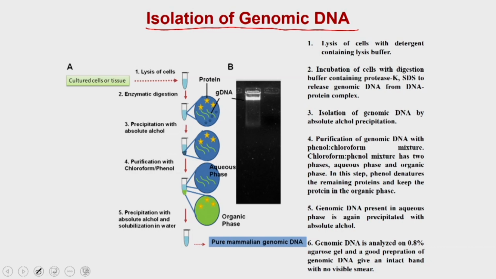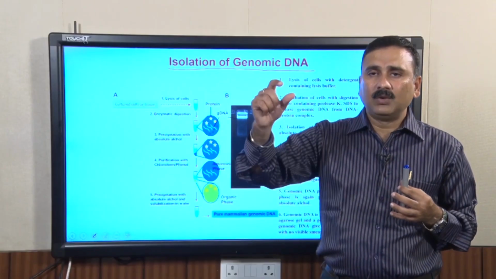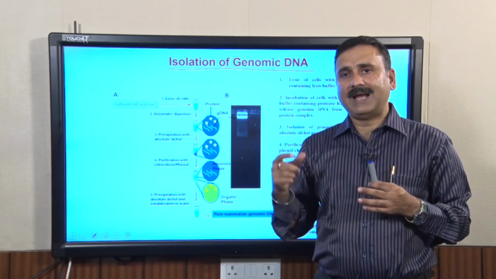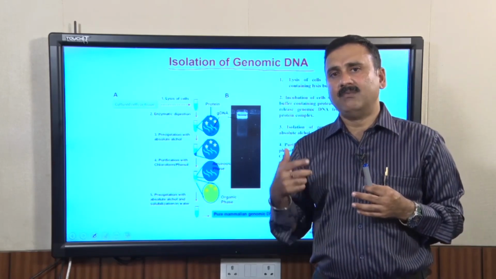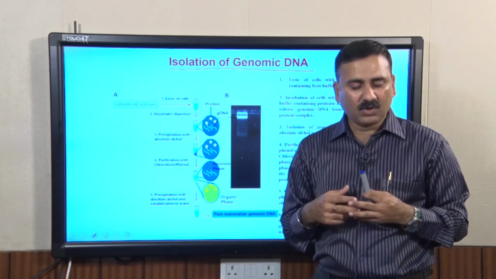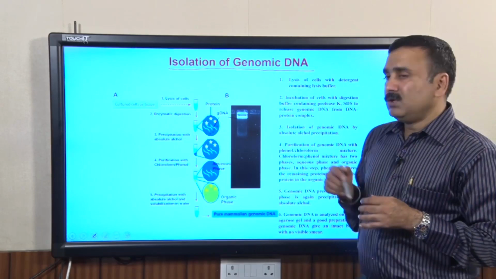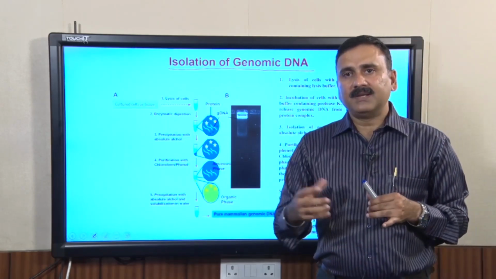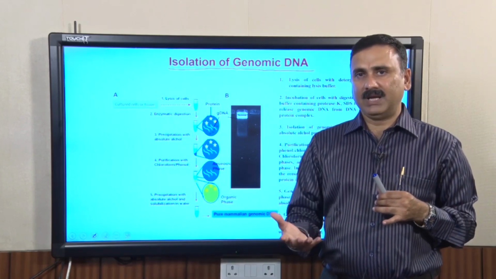Lysing the cells and then isolating the nucleus makes the genomic preps more purified, and the quality of DNA is going to be better. Once you isolate the nucleus, you break it open and get the genomic DNA.